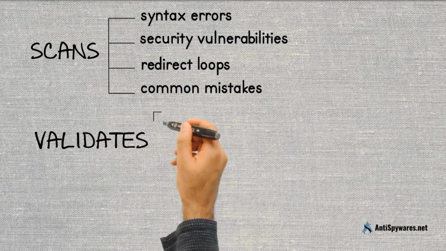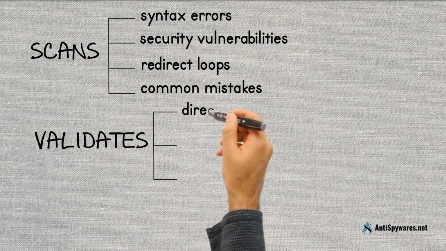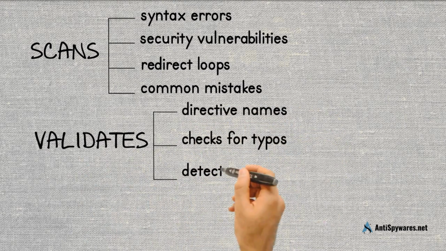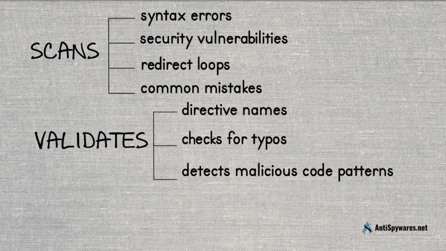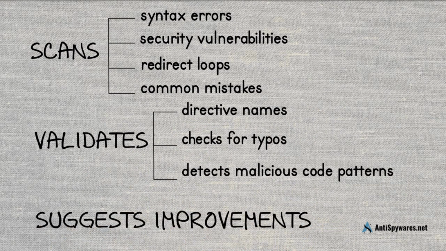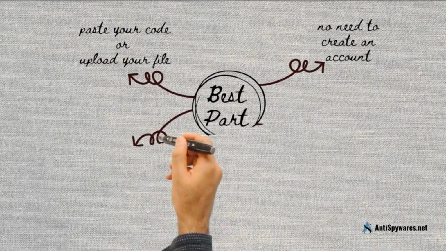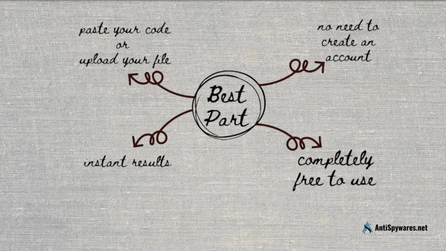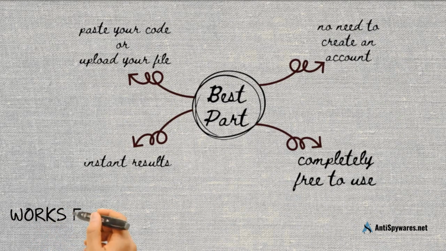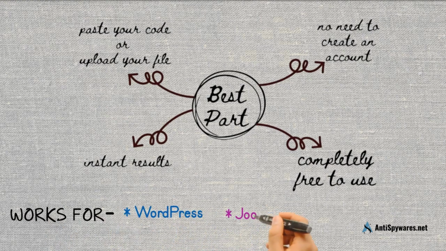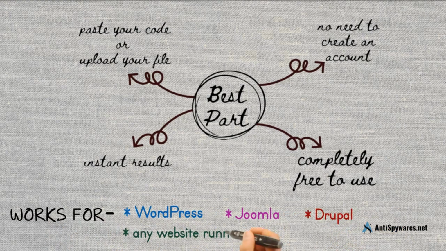The tool validates directive names, checks for typos, detects malicious code patterns, and suggests improvements based on best practices. Now, the best part is you don't need to create an account. Just paste your code or upload your file and get instant results. The tool is completely free and works for WordPress, Joomla, Drupal, and any website running on Apache servers.